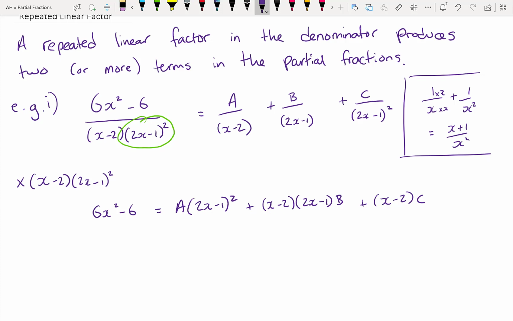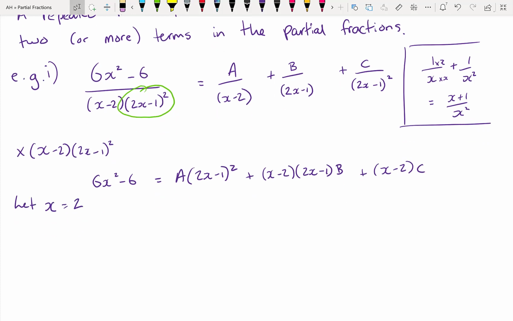Okay, so again, we're always trying to look for the easiest ones. The easiest one that I can see there is to let x equal 2. Okay, and that's going to get rid of my x minus 2 bracket.